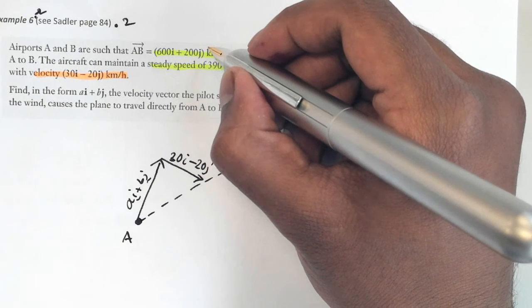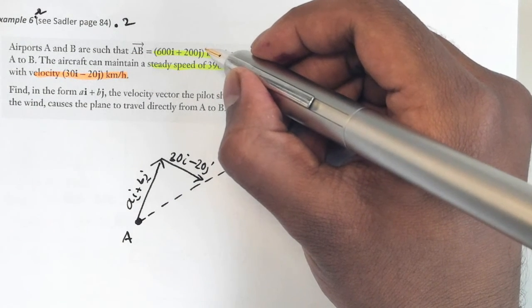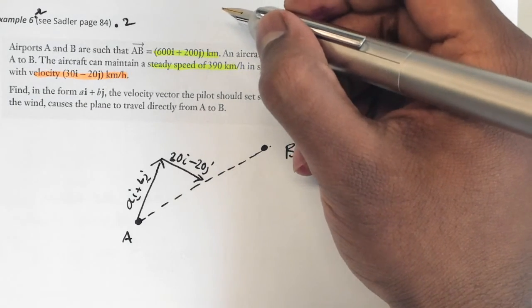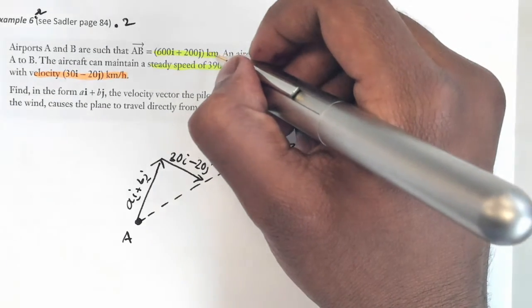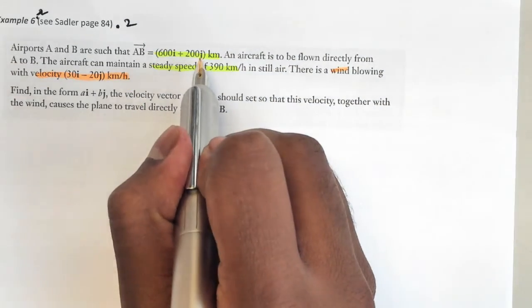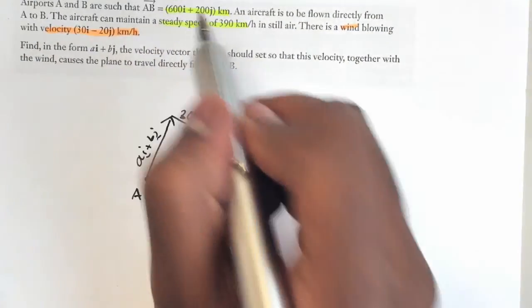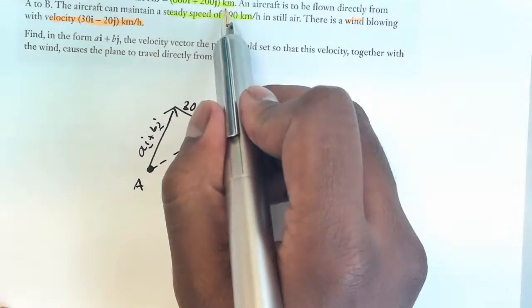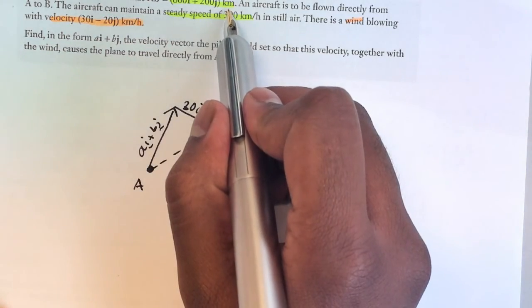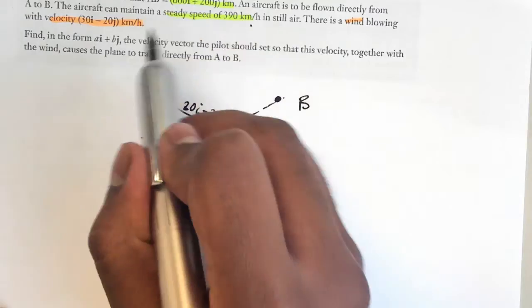This is only 1 kilometer, but we're looking at kilometers per hour. So in 1 kilometer, sorry, in 1 hour, we're going to travel that many kilometers. Wait, how do you know that though? Because this is a distance. Yeah. This is a speed.